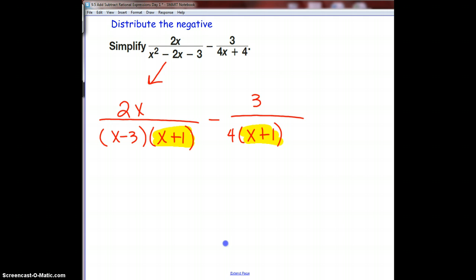Now, what is missing over here on the left side, it's missing a 4. So I have to multiply this fraction by a 4. So it's going to turn into this. On your other fraction, it's missing an x minus 3. So the fraction on the right turns into this.